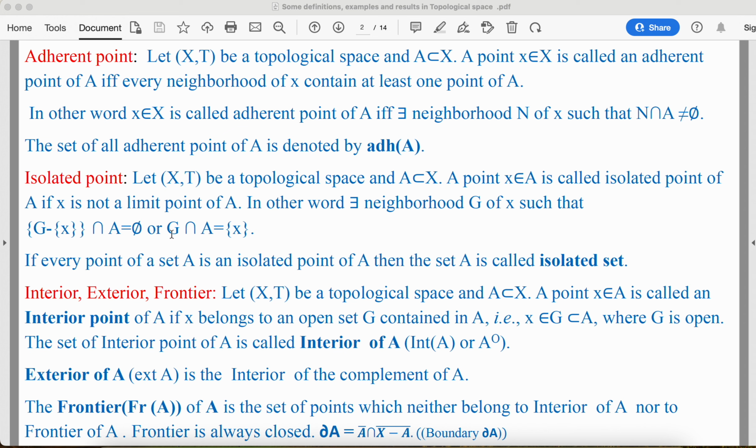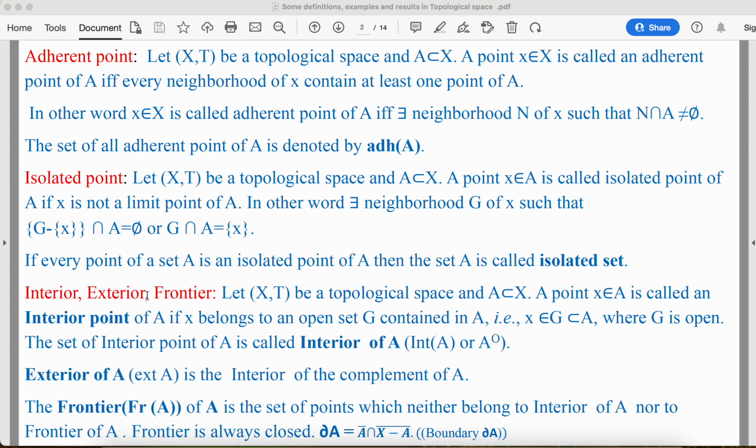Or we can say G intersection A is equal to the singleton set {x}. If every point of a set A is an isolated point of A, then the set A is called an isolated set.